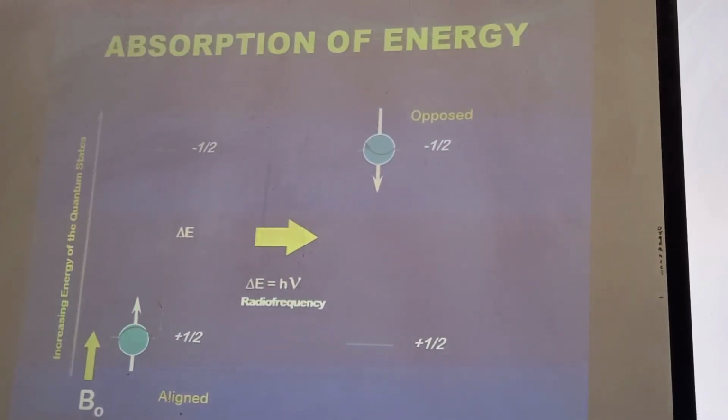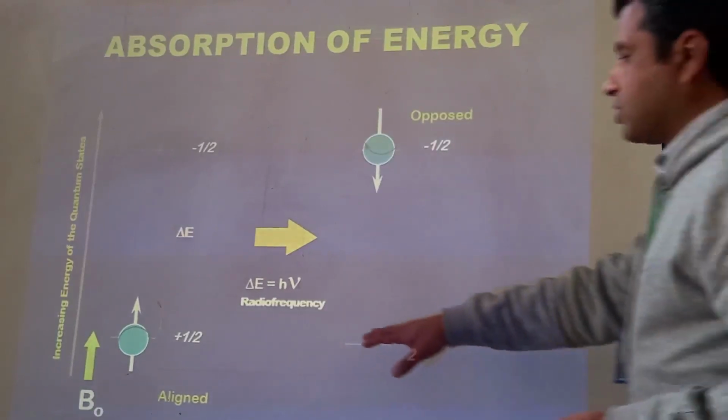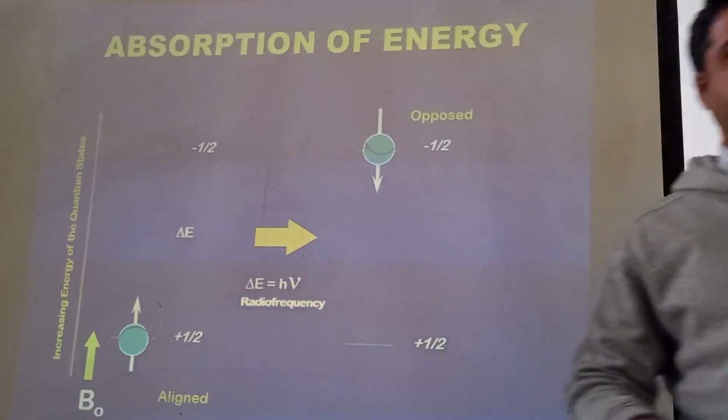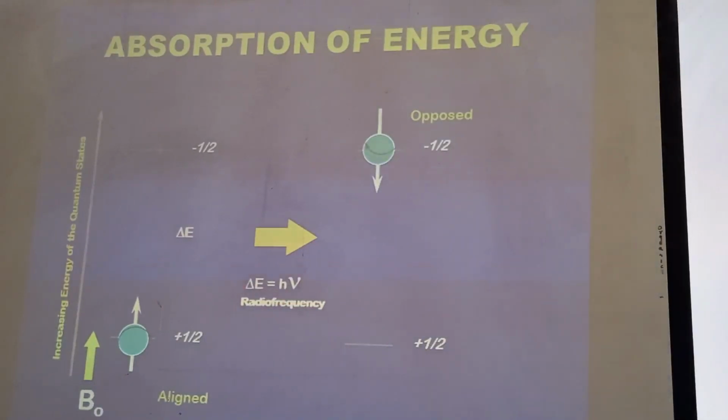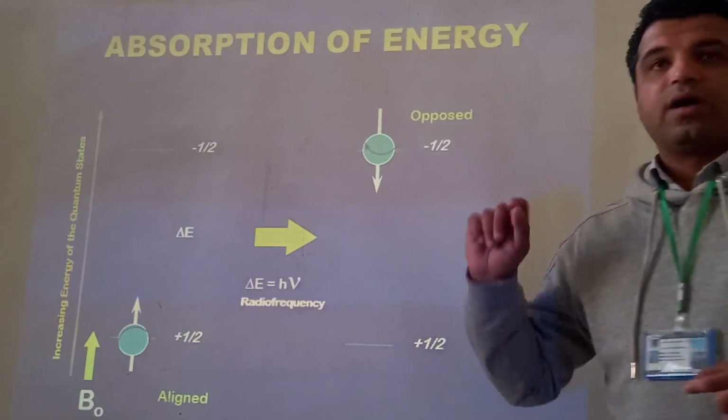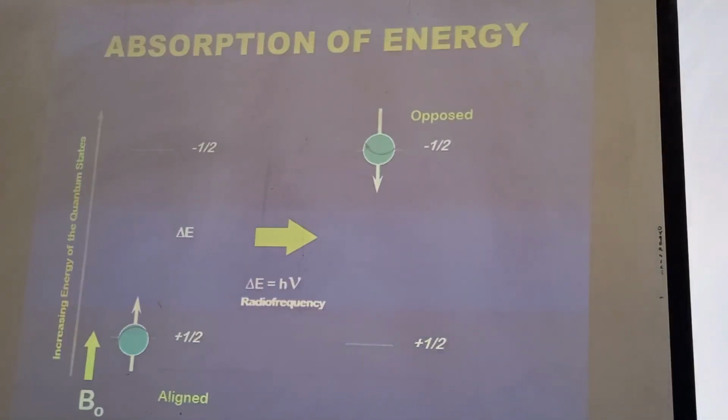In the plus half or alpha energy state, these nuclei are aligned along the direction of the applied magnetic field. When you provide them with a certain amount of radio frequency, is this random or is it quantized? It's quantized. You have to provide a specific value of frequency. And you already know that if B naught is higher, del E is higher.